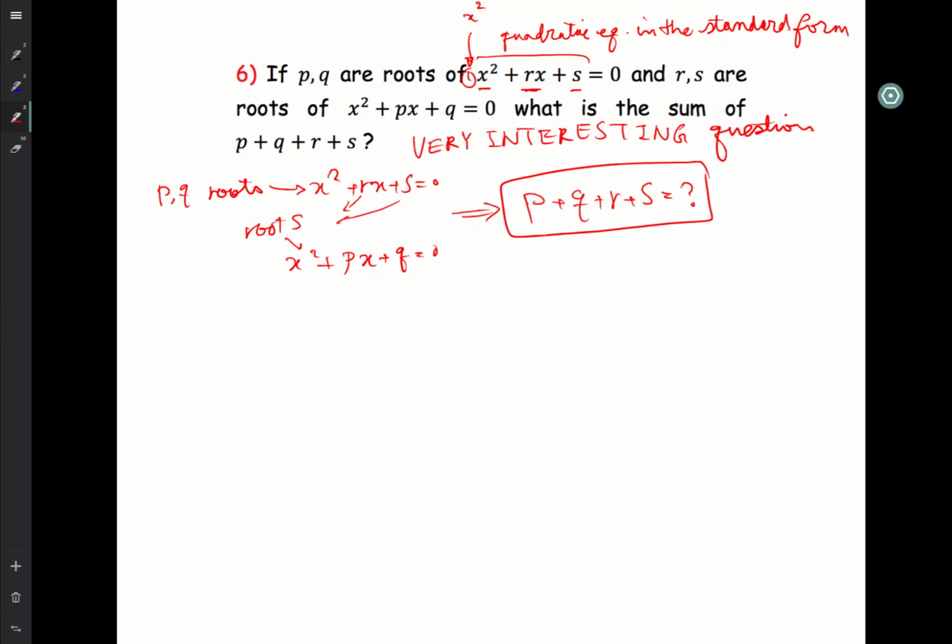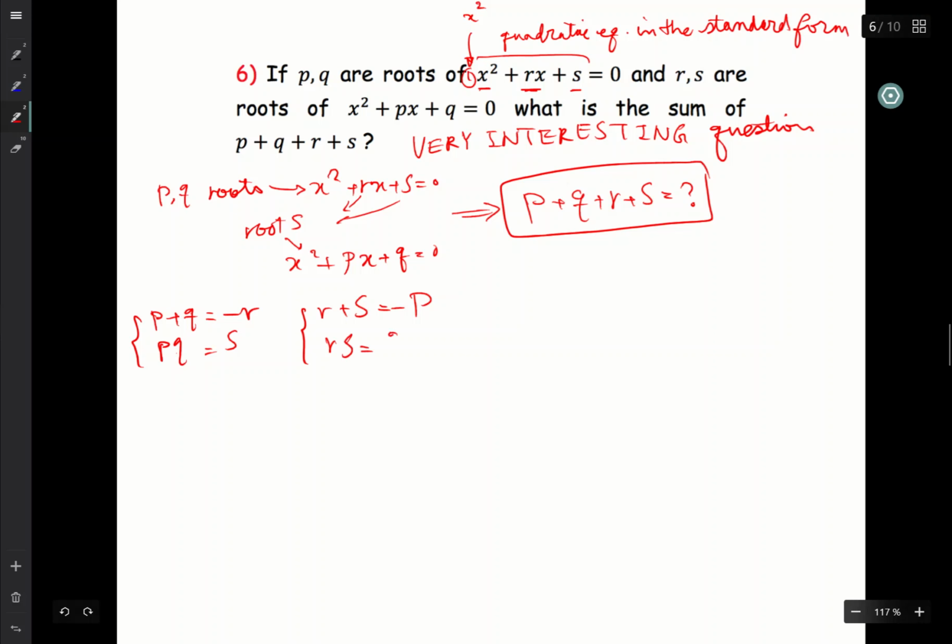From the sum and products, we know that p plus q is minus r, pq is s, and we also know that r plus s is minus p, and rs is q, right?